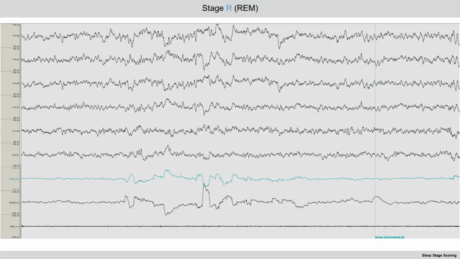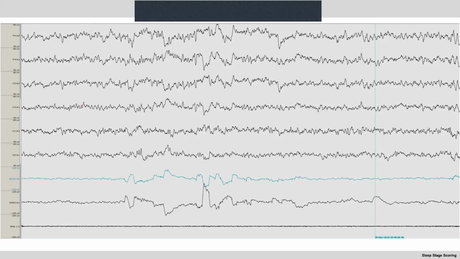So this is how REM looks like. This looks like a K complex, no? But this is REM sleep. How? We'll see. First, EMG is low, EEG activity is low amplitude, and here the rapid eye movement is there.